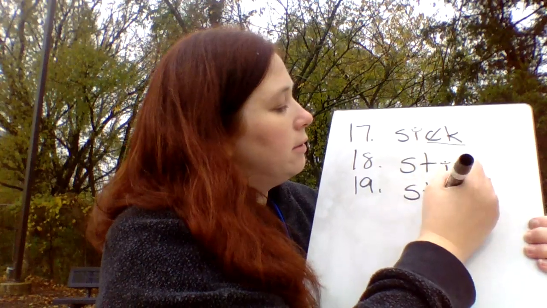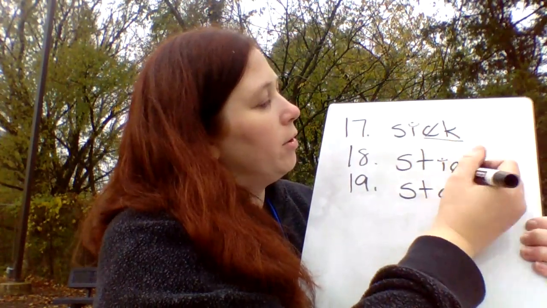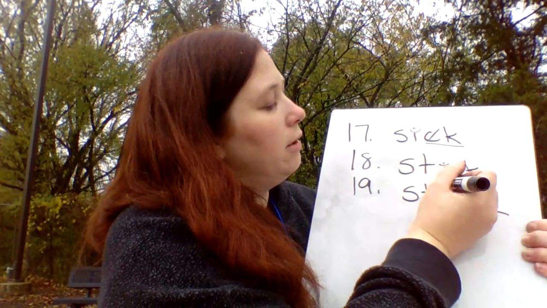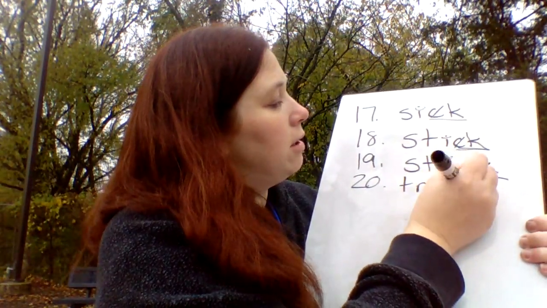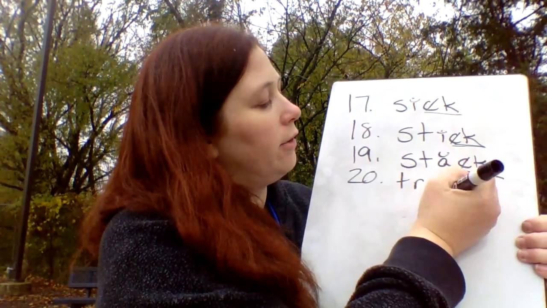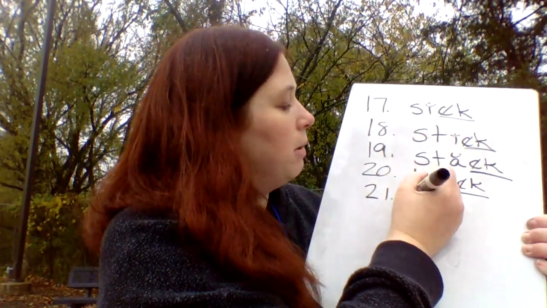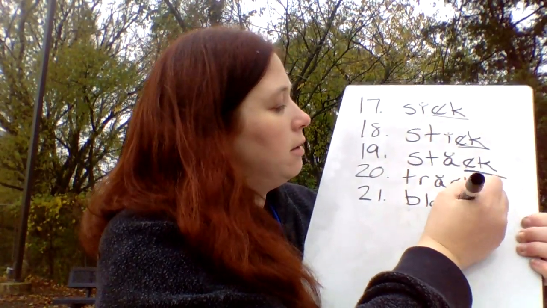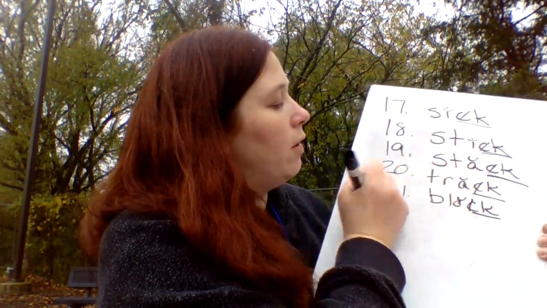Number 19, stack. Underline our CK, cross out that C, and it gets a brev. Number 20, track. Underline our CK, cross out our C, brev on the A. And 21, block. Underline our CK, line through the C, brev on the O.